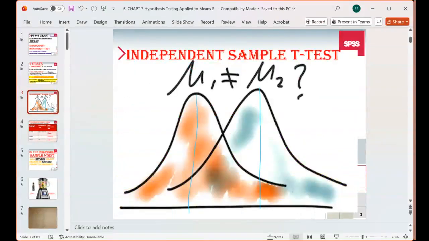So once again, you have two different samples. If there's no difference between the two samples, as you can see, two different distributions, FIU and AU, you would be able to see only one distribution because they are identical. The blue line, that's the mean for each sample. So if they're the same, then you only see one blue line.